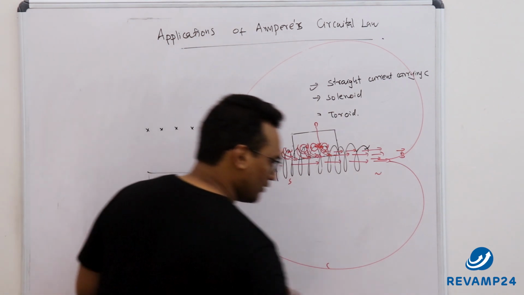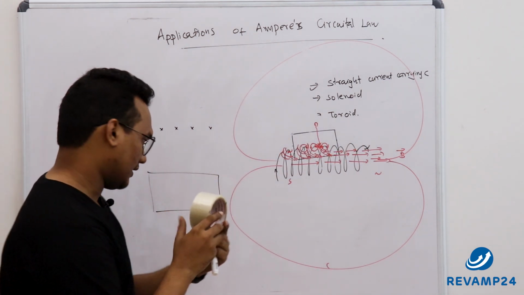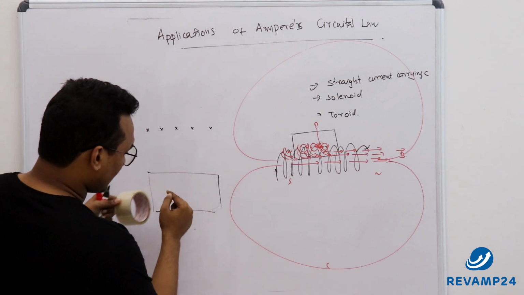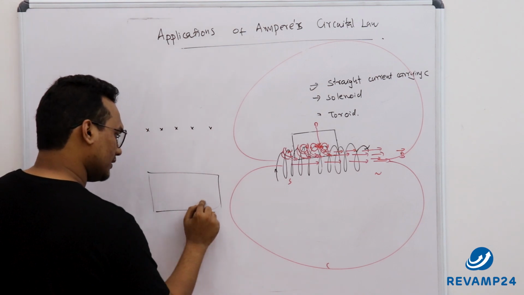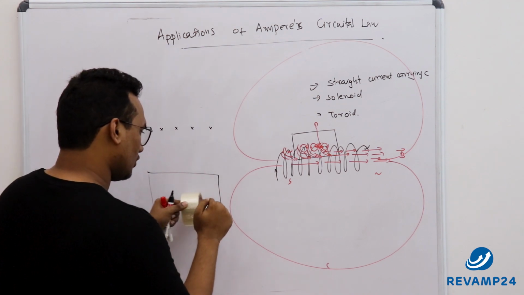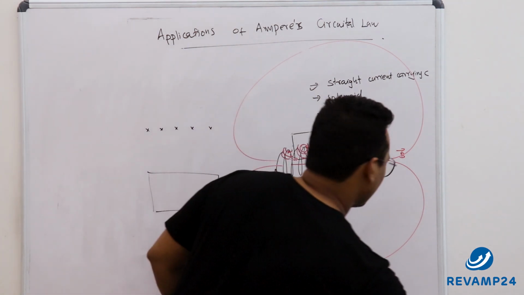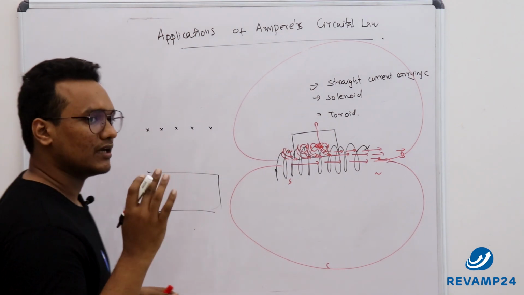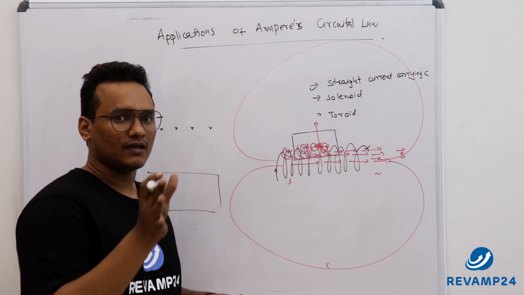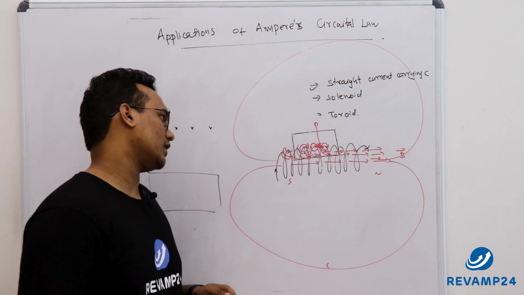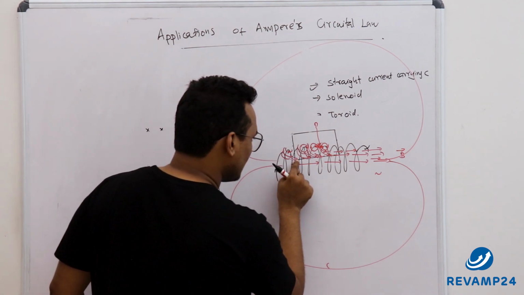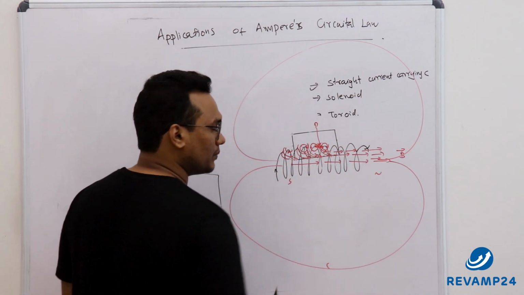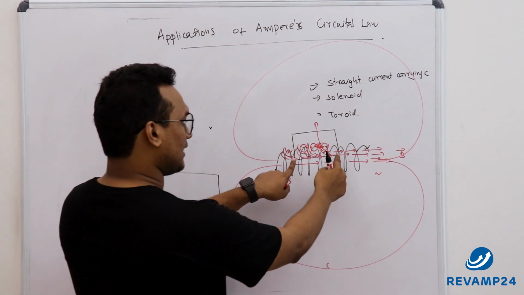When I place a current carrying circular loop, the current is passing through the loop, so the first condition is satisfied. The next one is that B should be parallel or perpendicular to the tangent. Here, this is the tangent, the direction of the loop, and B should be parallel. Here in this case, it is parallel.